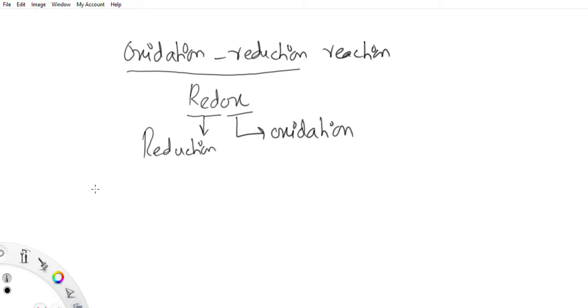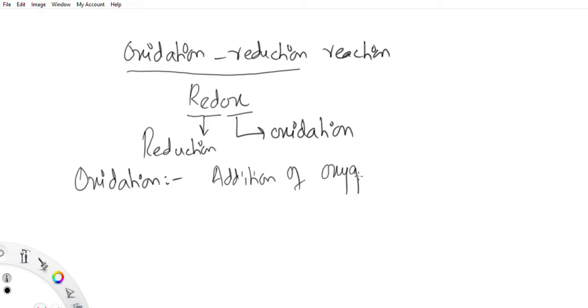So let us talk about oxidation first. Oxidation may be defined in many ways. As the name suggests, oxy means oxygen, so it is the addition of oxygen. Or it is the loss of hydrogen.